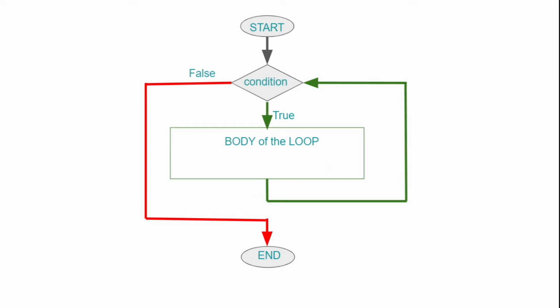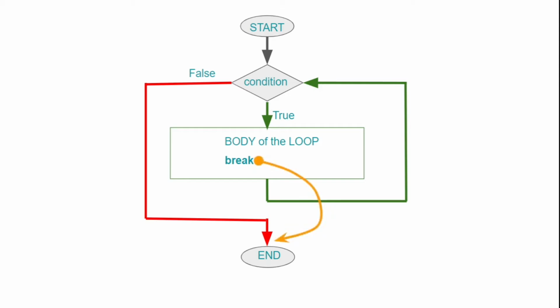So as a programmer, whenever you want to break the execution of the while loop, or throw the control out of the while loop, or terminate the while loop when you are actually executing the body of the loop, you can use this break statement. Now what does this break statement do?